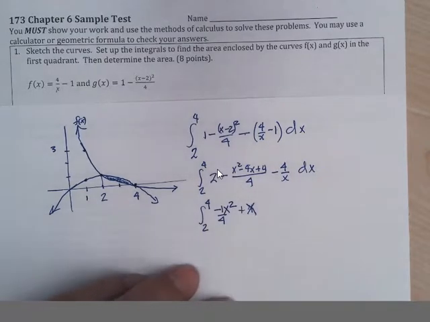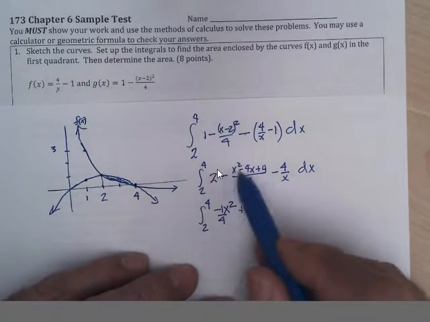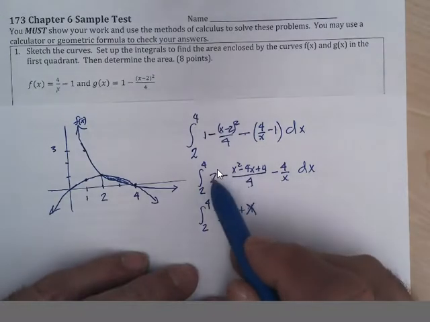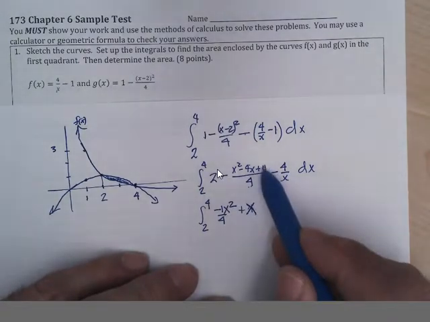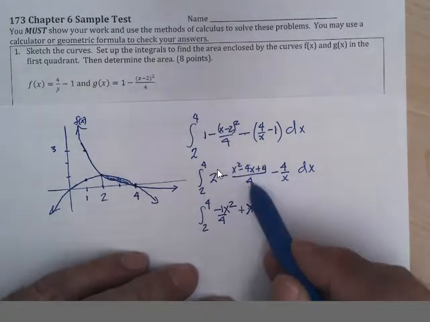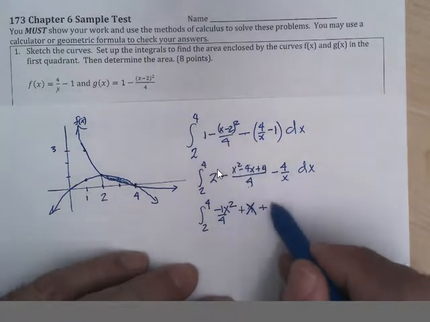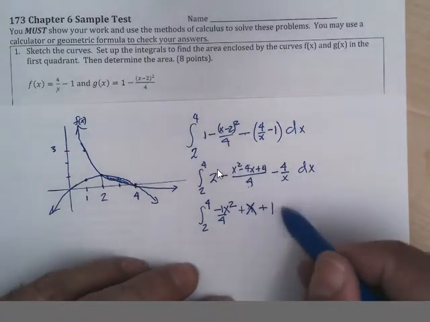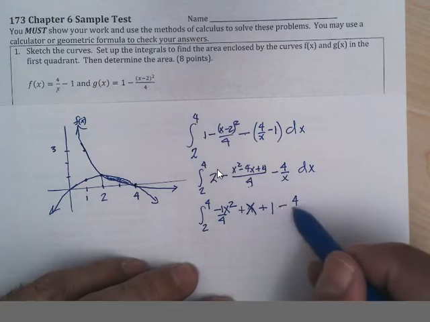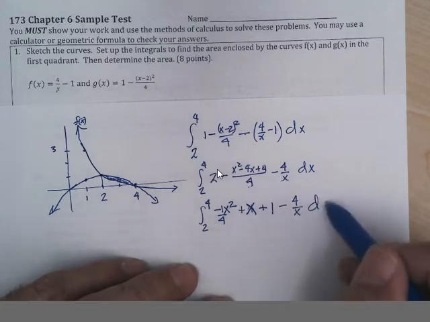Don't make mistakes there. I have minus a minus plus 4x over 4, which is x. Then I have 2 minus 1. 4 over 4 is 1. So 2 minus 1 is 1. And then I have minus 4 over x.